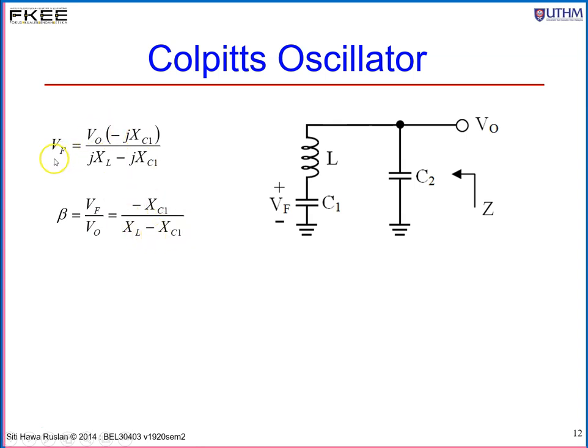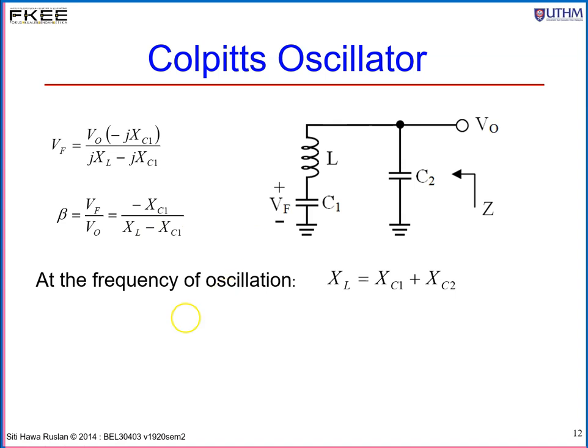I bring VO over to this side. So VF over VO is your beta, and it equals to minus XC1 over XL minus XC1. So with this, you know that just now at the frequency of oscillation XL equals to XC1 plus XC2, we get this when we equate the imaginary part to be 0.